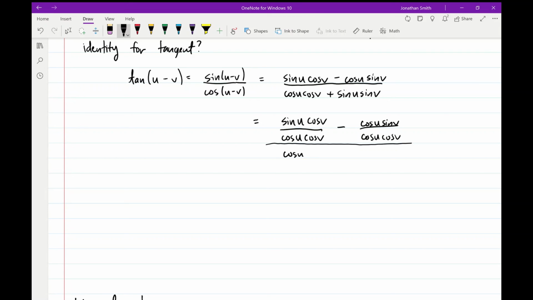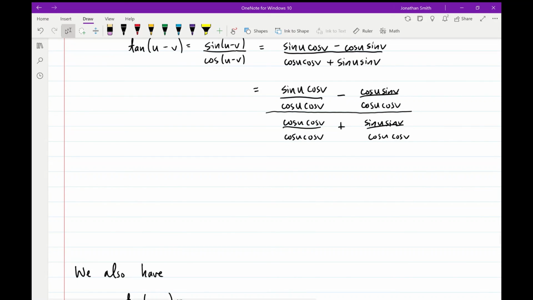And the denominator, we get cosine u cosine v over cosine u cosine v plus sine u sine v over cosine u cosine v. Okay, and the reason that we're doing this is because we have a lot of simplification that happens then. So in the numerator, we have this cosine v and cosine v.